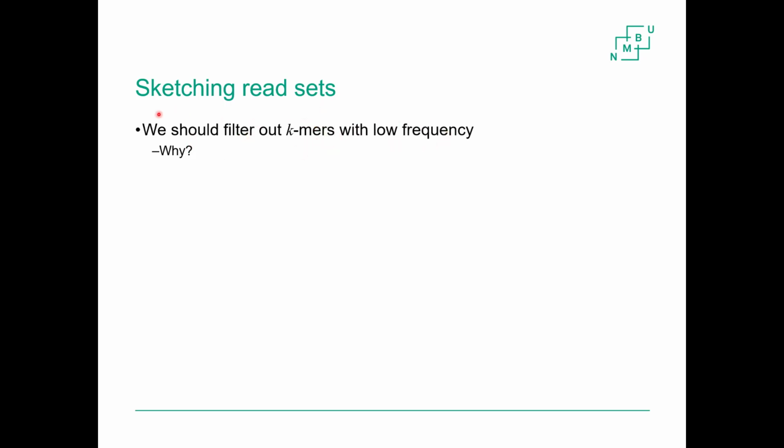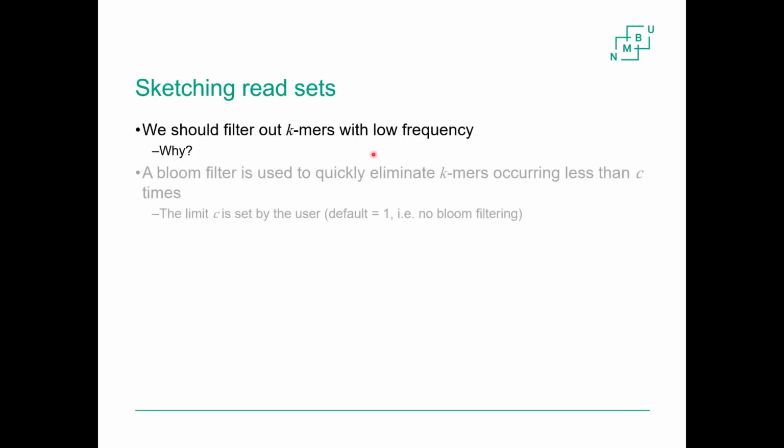And this only applies to read sets, because when you look at assembled genomes, all k-mers will have low frequency. Think of that. You can't use this for genomes, because then you throw away everything. A Bloom filter is used to quickly eliminate the k-mers occurring less than C times.